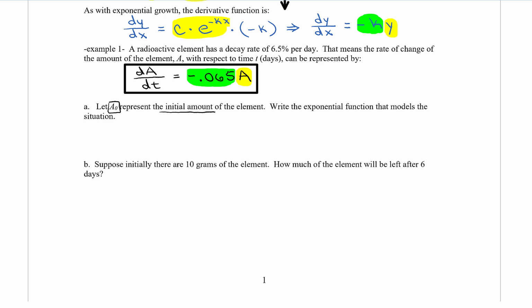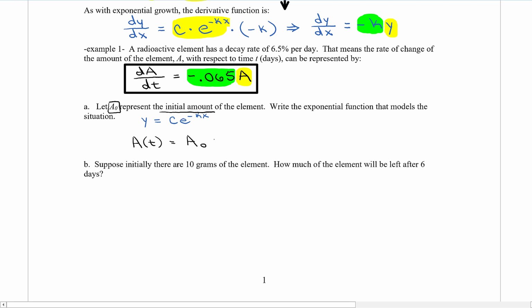A. Let A sub 0 represent the initial amount of the element. Write the exponential function that models the situation. First, I'm going to write the equation y equals ce raised to the negative kx power. Underneath that equation, I'm going to write A of t equals A sub 0.